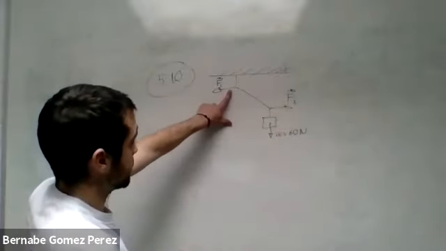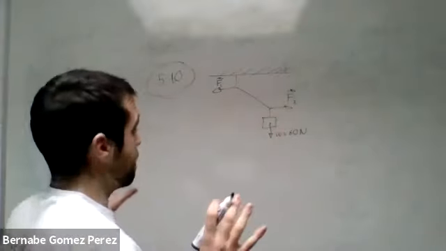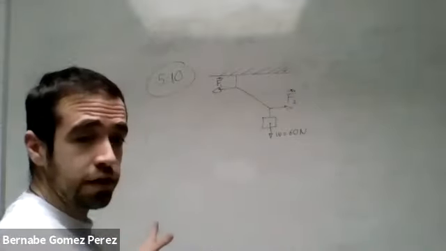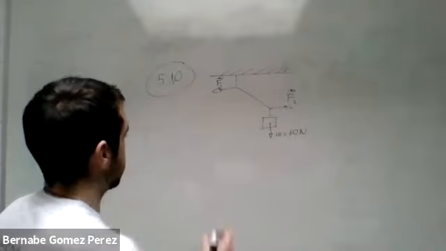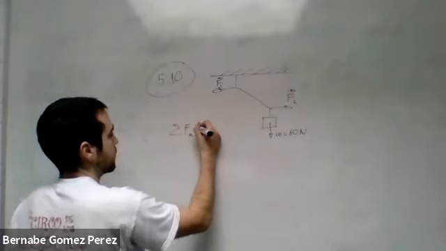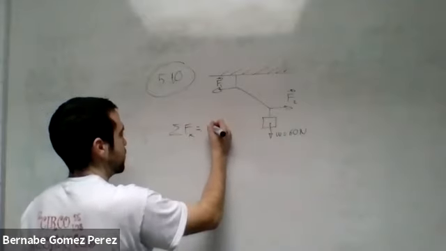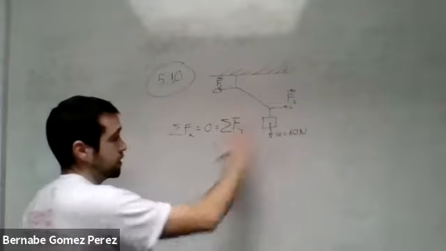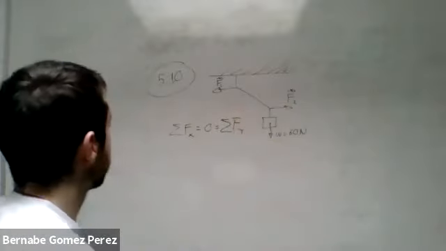If everything is stable, and everything is still, nothing is moving, it means that the summation of forces in X is equal to 0, and in Y the same. Nothing is moving, okay? I know that.